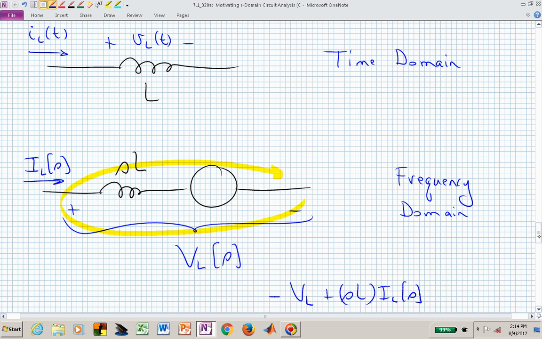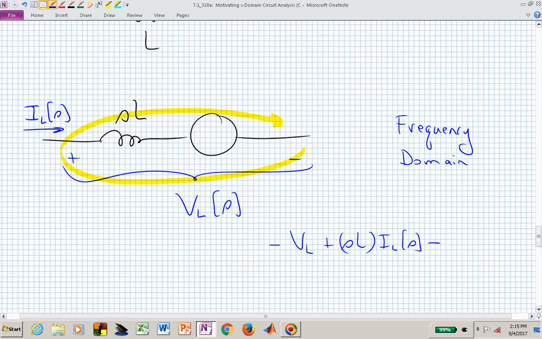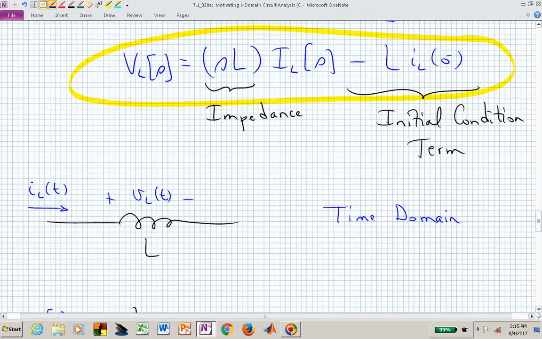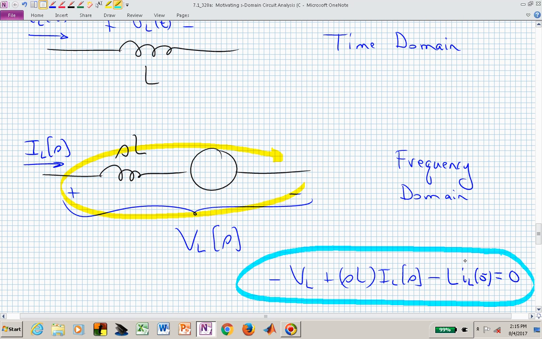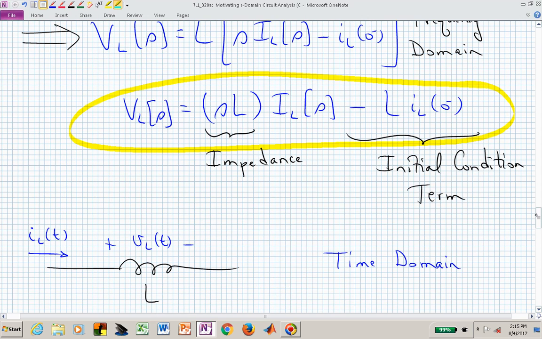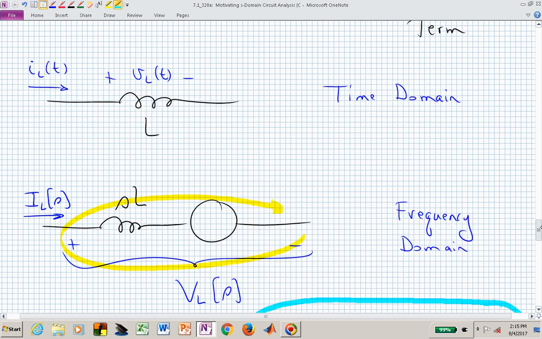And now what we want to do is have the sign consistent with what we would have in this equation, which is minus L I sub L of 0 minus equaling 0. And this particular equation now is identical to this equation that we've written from Laplace transforming the differential relationship of our inductor's voltage and current relationship.